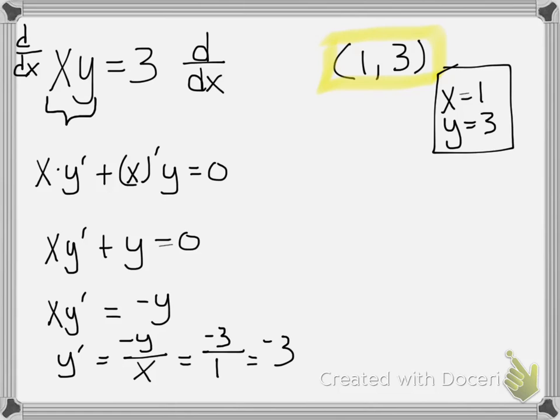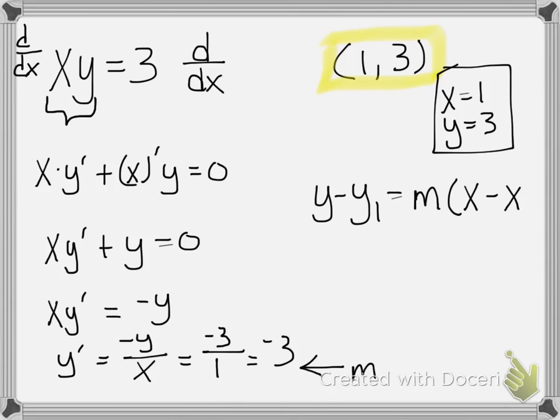Alright, now whenever you take the derivative, you're actually finding the slope of the tangent line, and so this is going to be m, and m is our slope, and we're going to need that whenever we actually do the equation of a line in the form of y minus y1 is equal to m, which is our slope, times x minus x1.